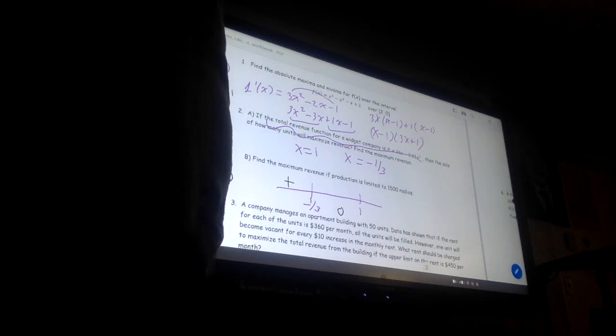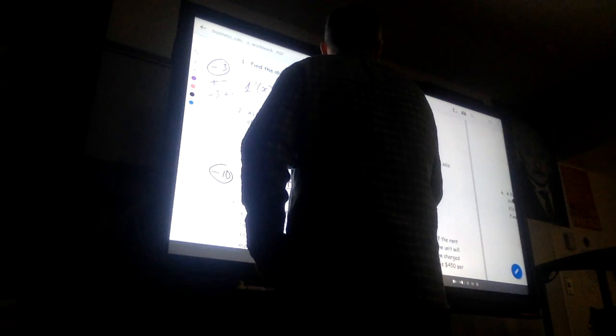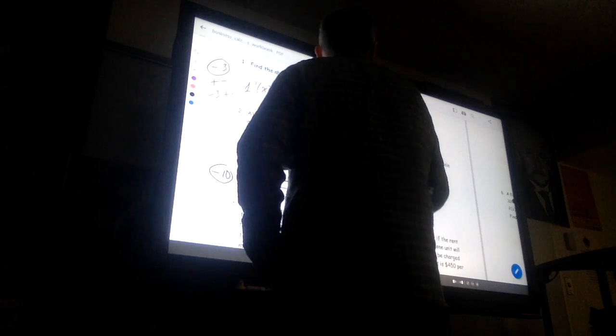If I plug 0 in for x, I get negative on this first one, and I get positive here, so this is going to be a negative. And then if I pick a value to the right, say 10, plug it in, 10 minus 1 is positive, 30 plus 1 is positive, so we go from increasing to decreasing to increasing again over here.